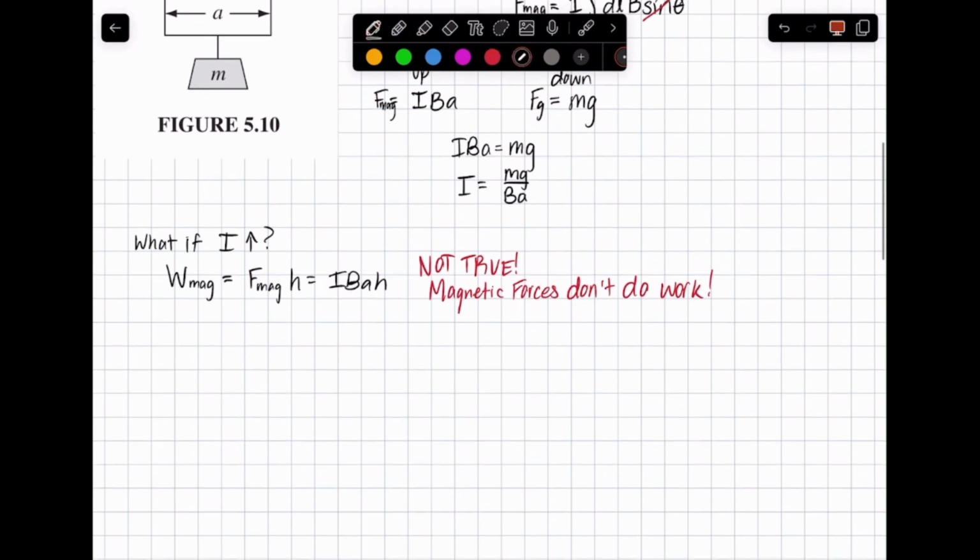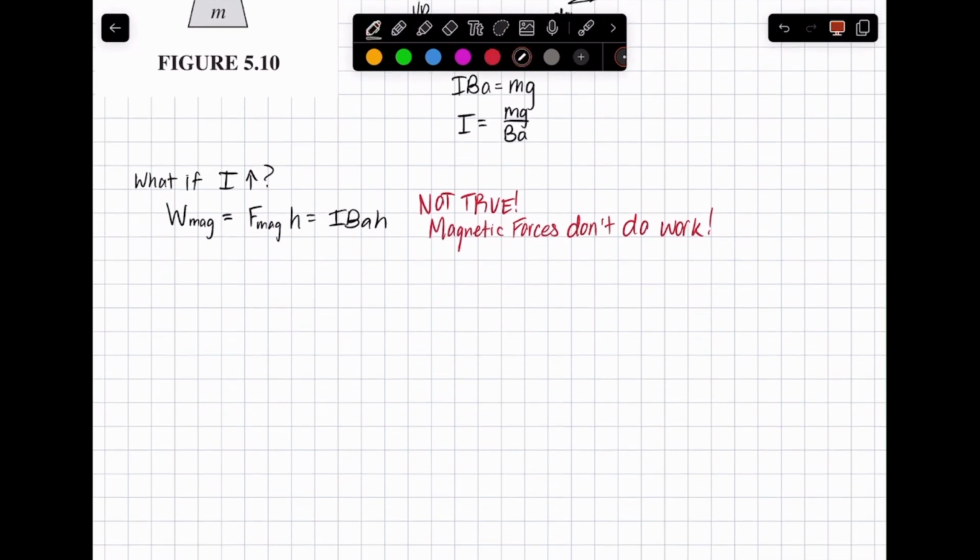Why is that? I think this is easiest to explain with a single point charge. So I'm going to give that example. For a point charge, we have this definition for the magnetic force. I'll write it down real quick.